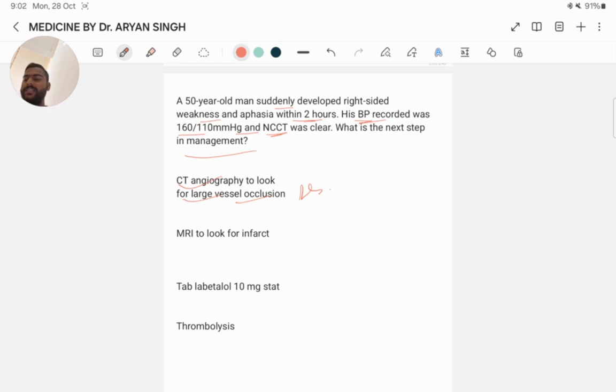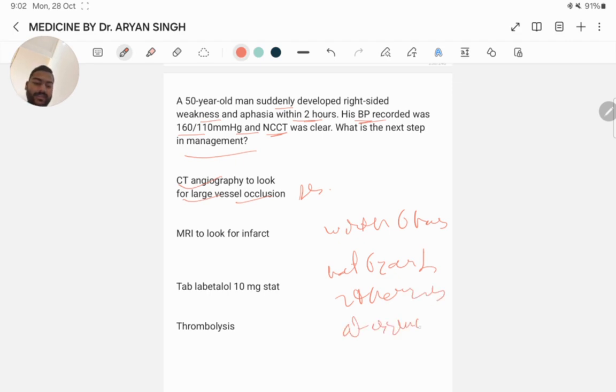Hence mechanical thrombectomy is also indicated and should be done ideally within 6 hours, and not beyond 24 hours of symptom onset.